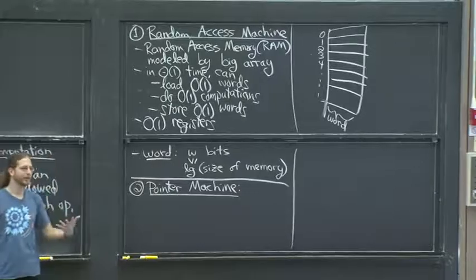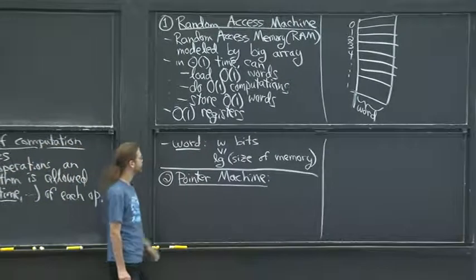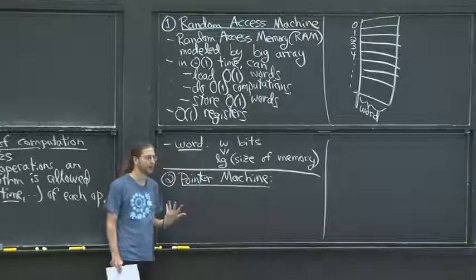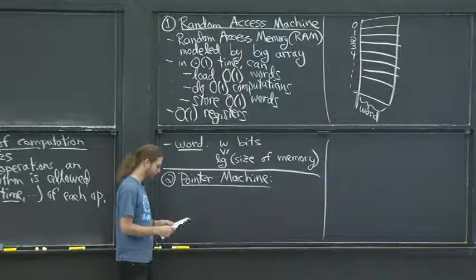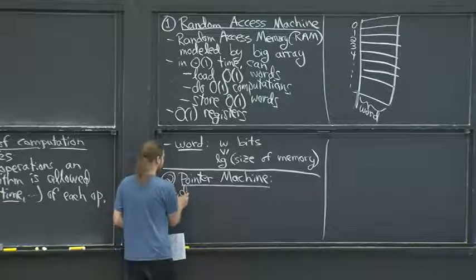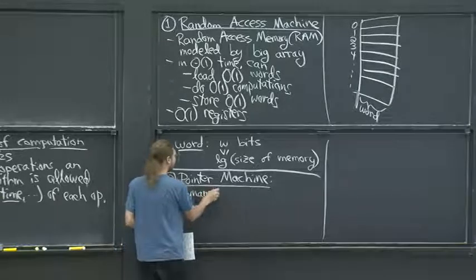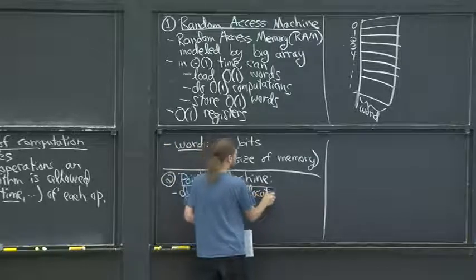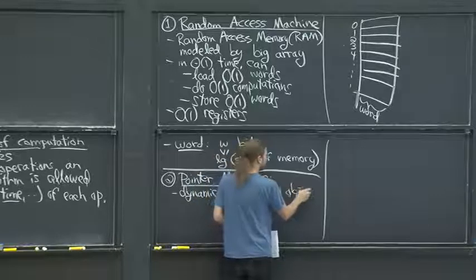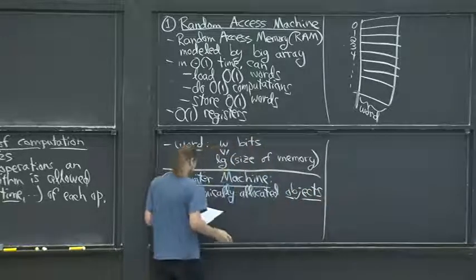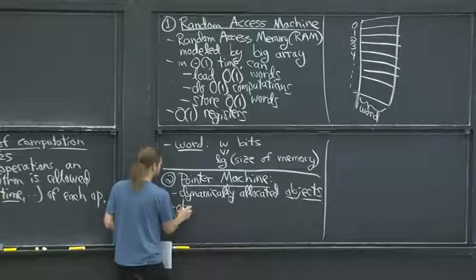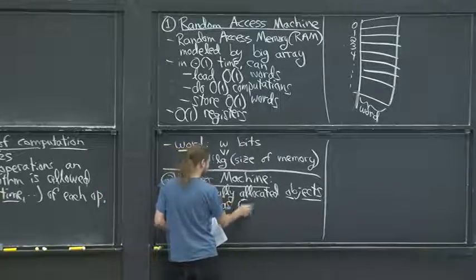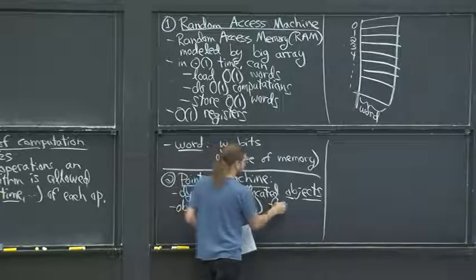It's kind of like a higher level programming abstraction. So the one that is useful in this class is the pointer machine. This basically corresponds to object-oriented programming in a very simple version. So we have dynamically allocated objects. And an object has a constant number of fields.